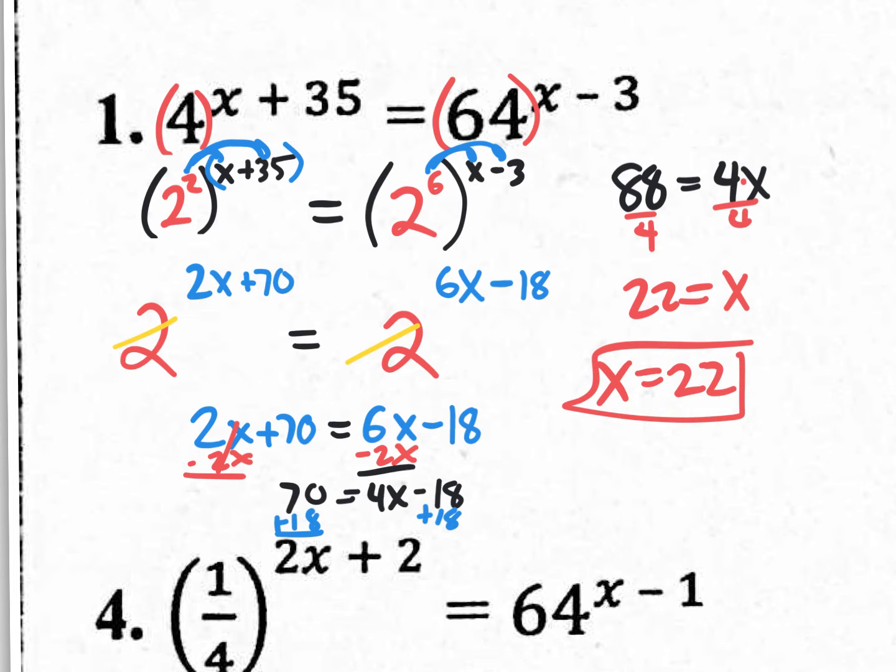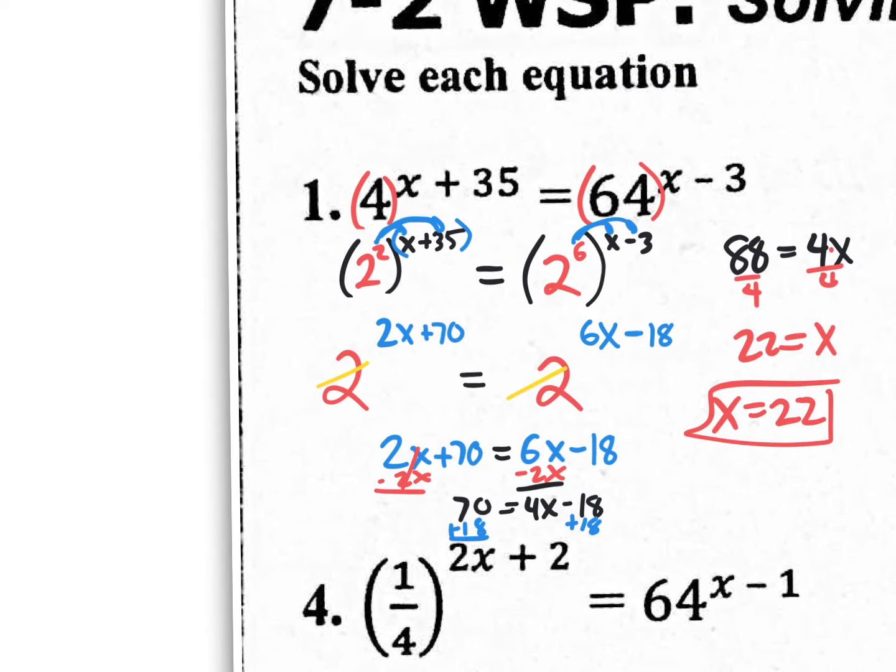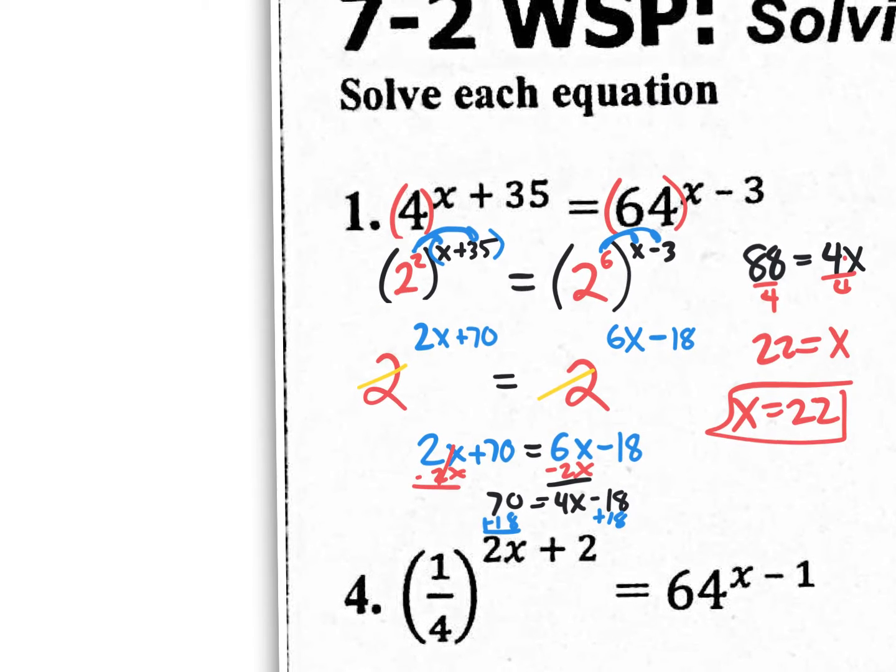So let's recap what I just did. Step 1 was to change the bases to be the same base. Make the bases the same. So after we change the bases to be the same base 2, then we eliminate the bases and write our new equation.